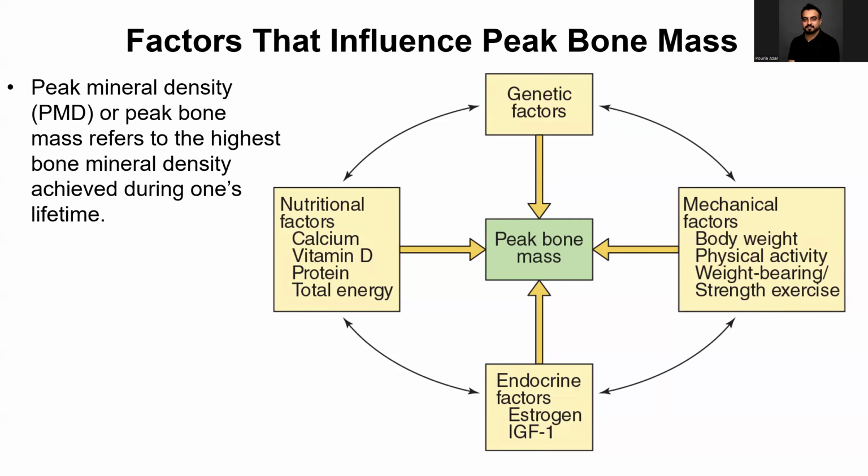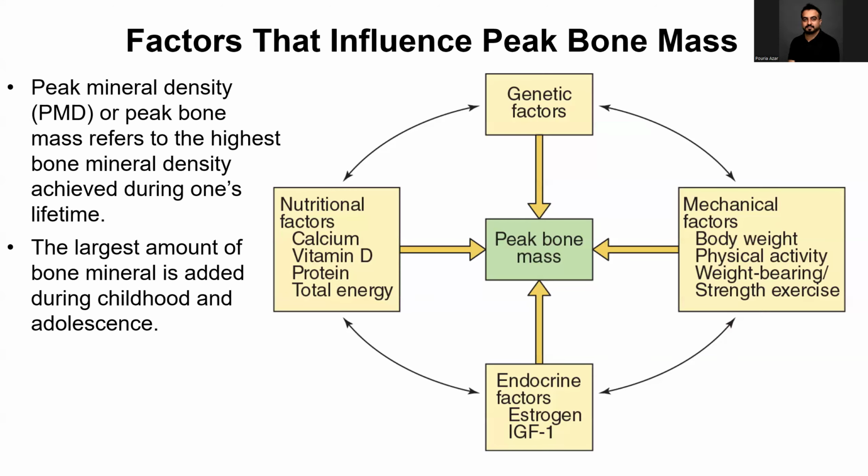There are different factors affecting this: genetic factors; nutritional factors like calcium, vitamin D, protein, and total energy intake through diet; endocrine factors like different hormones, IGF-1, estrogen; or mechanical factors like body weight, physical activity, weight bearing, and strength exercise. These different factors influence peak bone mass or peak mineral density.